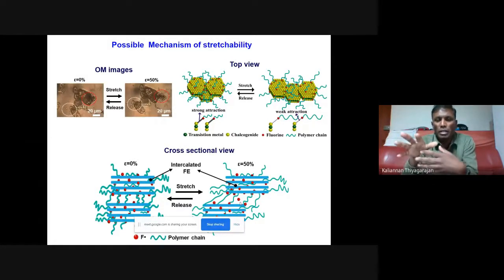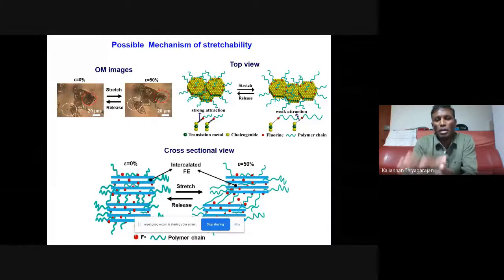In this case, we couldn't observe any rotation. In normal electrodes and other cases, the rotation of the nanosheet under stretching makes huge cracks and dislocations, so the cyclic stability will not be there. Here, because the polymer is holding, it has very good adhesion with the substrate as well as with this material.